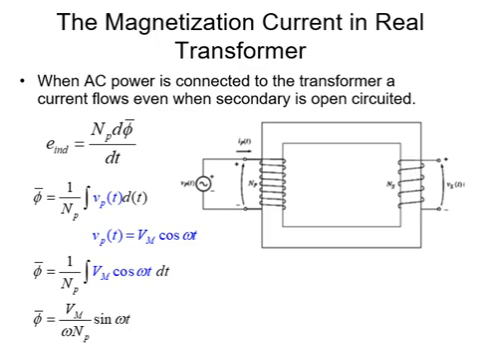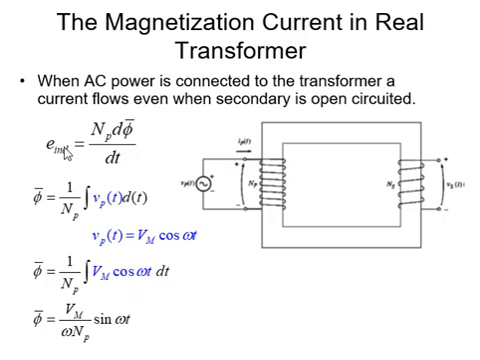If we want to solve this equation for average flux, then the average flux would be equal to E induced, or Vp(t), and then it would be an integral, because in this equation this is the derivative, and if we shift it towards the left side, it will become the integral.